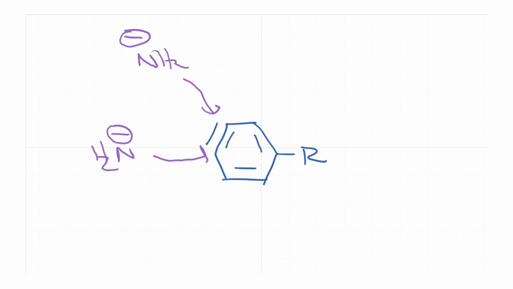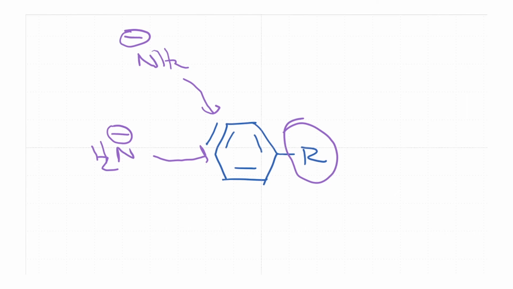Neither of these attacks are going to be sterically hindered, so they both are quite far away. And as we discussed, the major effect is actually the inductive effect of the electron withdrawing group, and that also is quite far away for these two. So therefore, the probability of attack on this is more likely equal, and therefore you get a 50-50 mixture of the products.